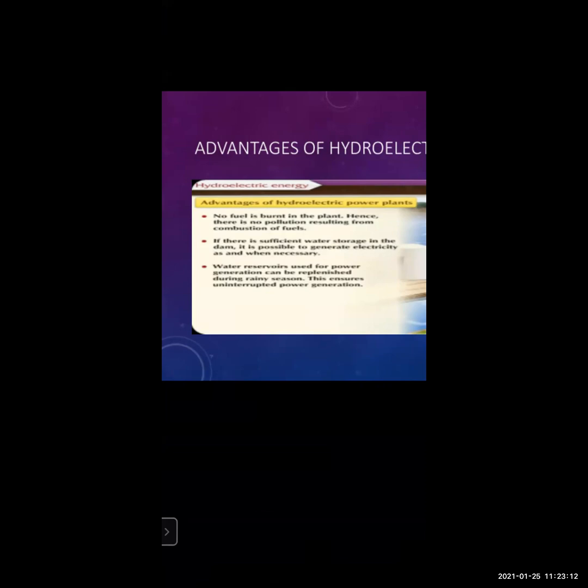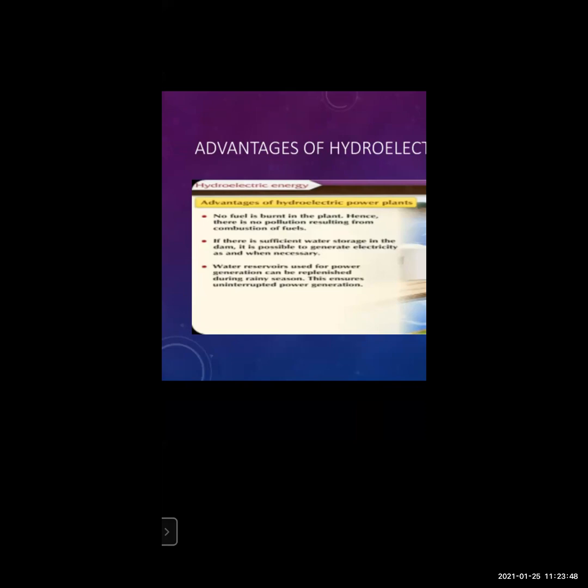Hence, there is no pollution resulting from combustion of fuels. This is a pollution free power plant, and this is the first advantage of this power plant.